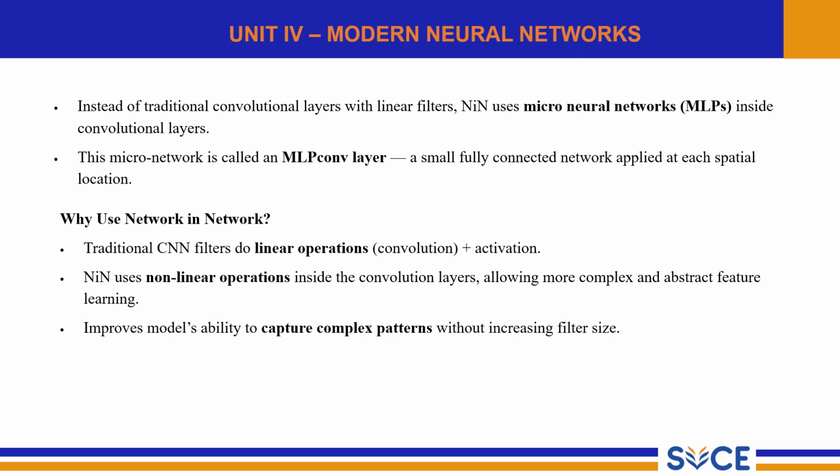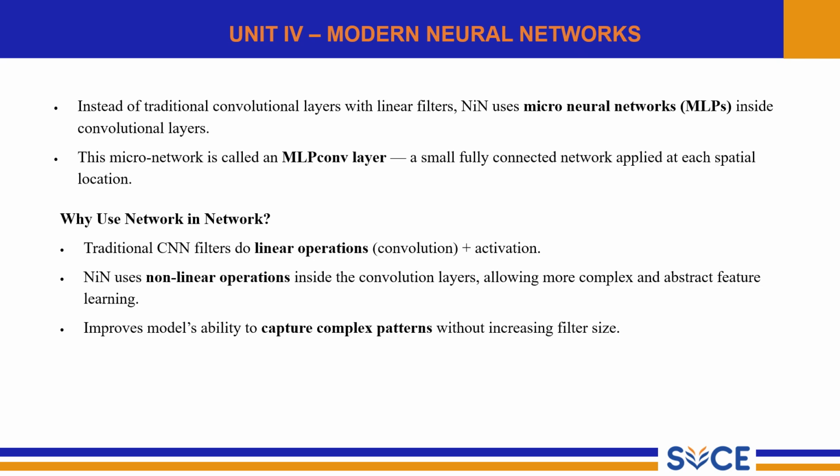Why use this approach? Traditional CNN filters are limited to linear operations plus activation, which can restrict the model's ability to capture highly abstract patterns. NIN's MLP convolutional layers introduce non-linearity inside the convolution itself, enabling the network to learn richer, more complex features without simply increasing the size of the filters.